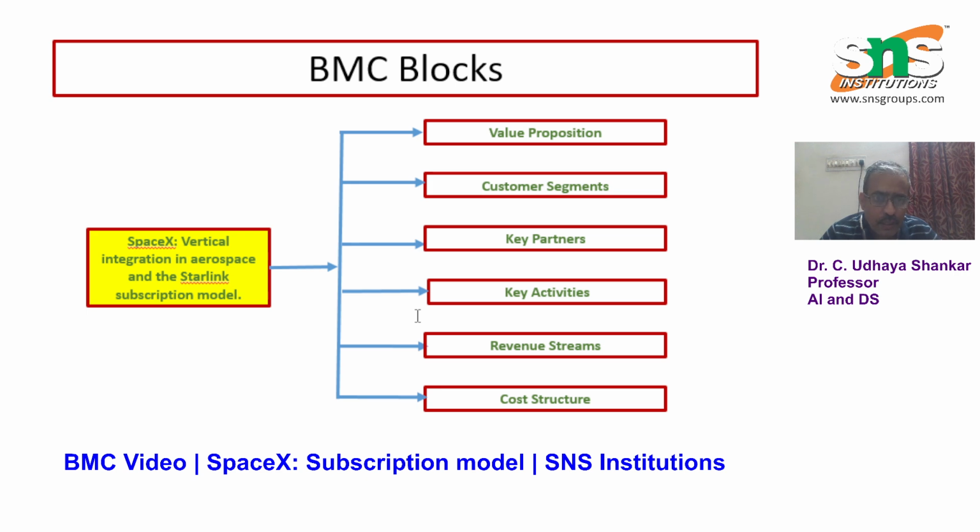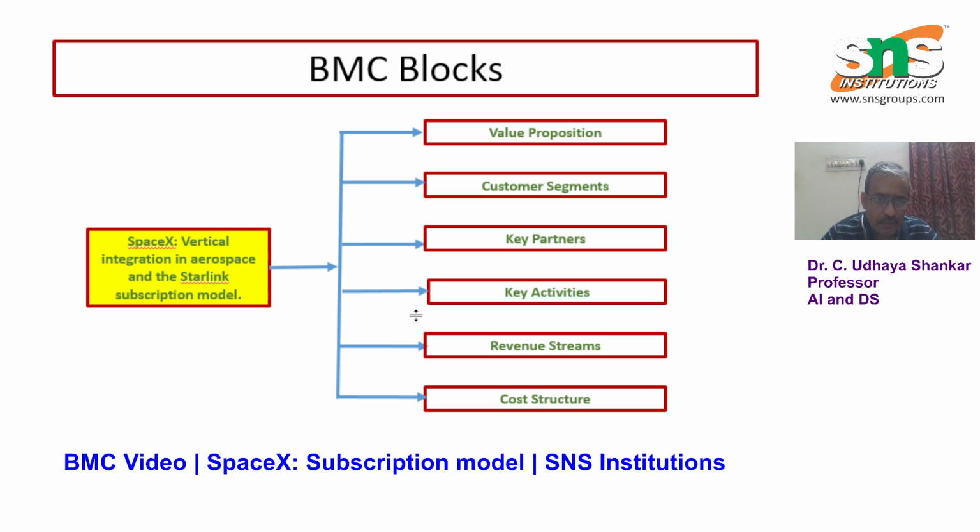That is reusable launch vehicles like Falcon 9, Falcon Heavy, and Starlink, which reduce the space access cost by orders of magnitude. The value proposition is low latency, high speed satellite broadband anywhere on the earth. So this is the main agenda, that is value proposition.